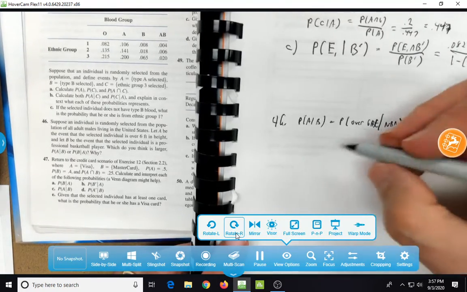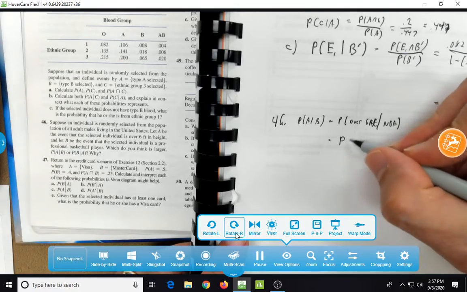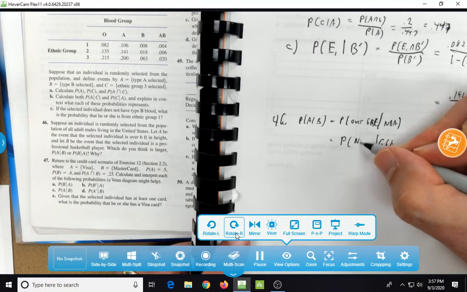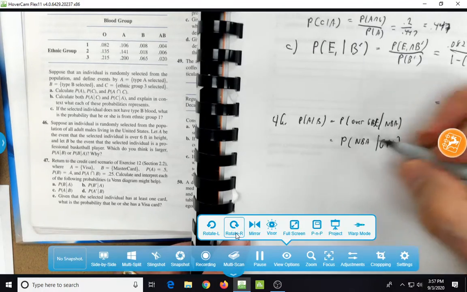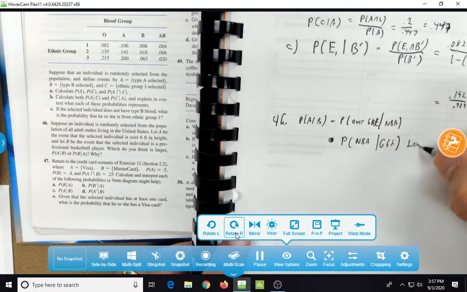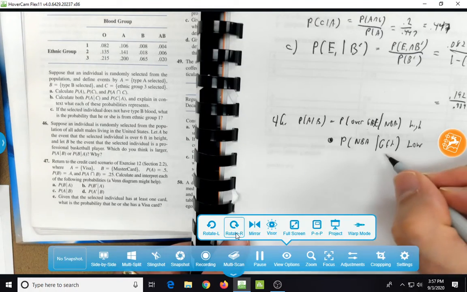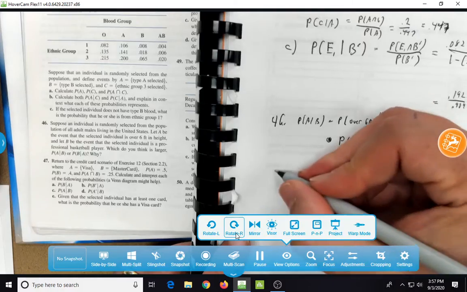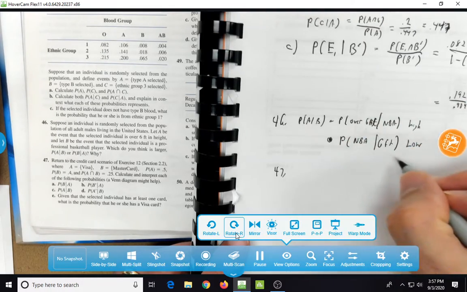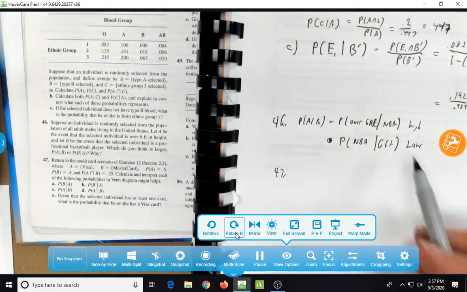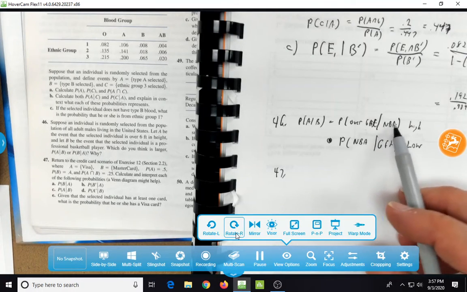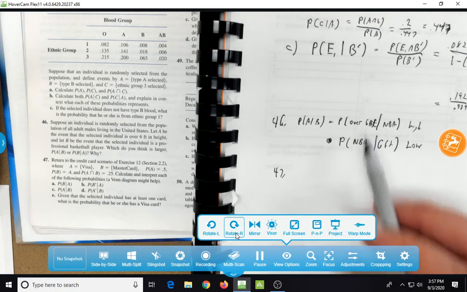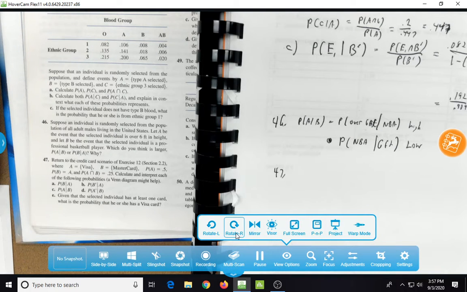But that's going to be pretty high, whereas for people like me, the probability of playing in the NBA given that they're over 6 feet is actually going to be pretty low. Because even though I'm over 6 feet, I am too slow, don't play defense, am soft, probably too old, all those things. So I'm not playing in the NBA. So this one would be higher because we've cut it down to a very select group of people, and we're trying to figure out what's the probability that they're over 6 feet.